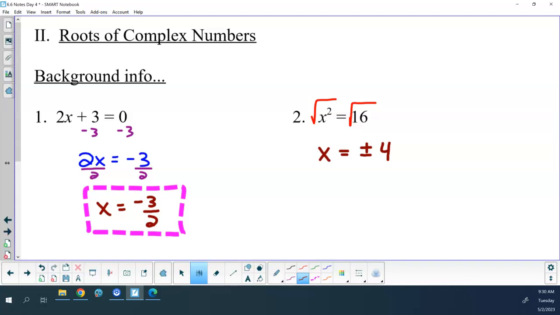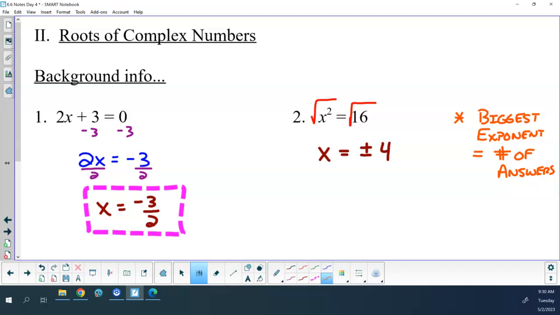Remember, in the maths, that your biggest exponent equals the number of answers that you're going to have to get.